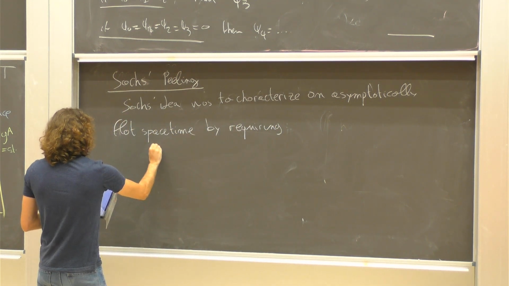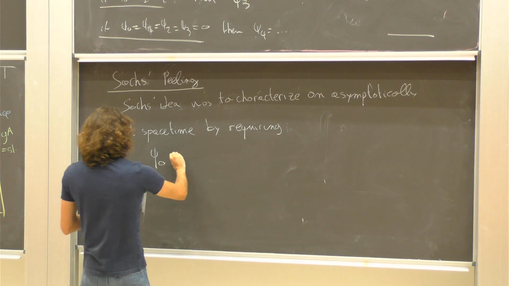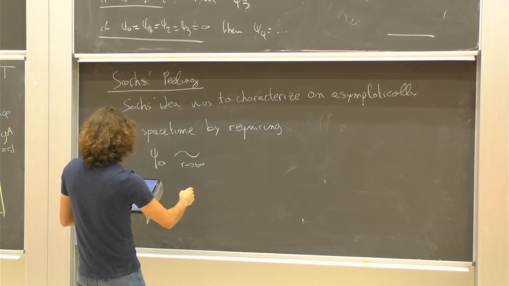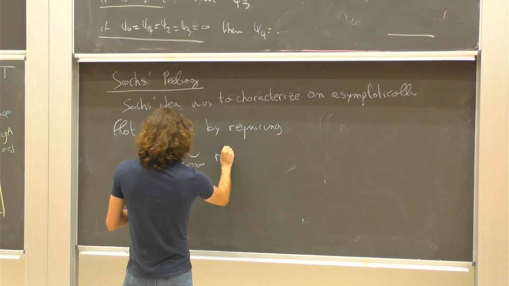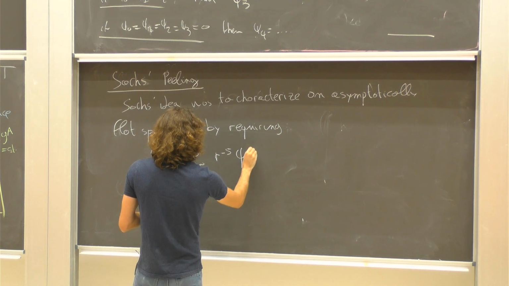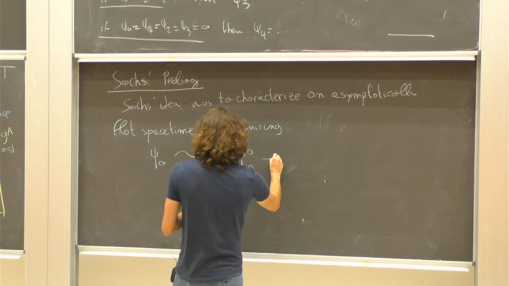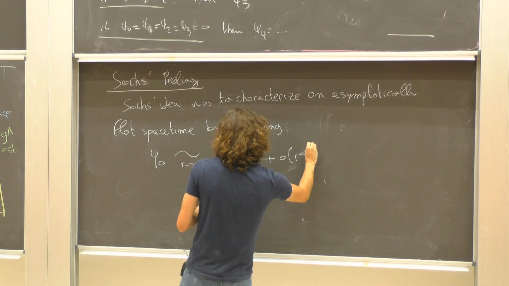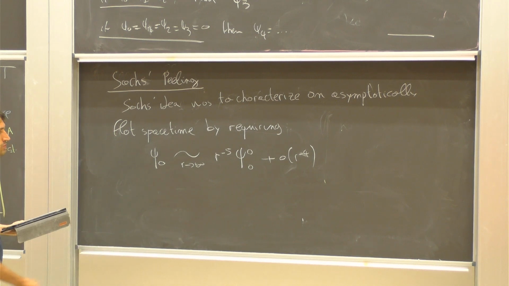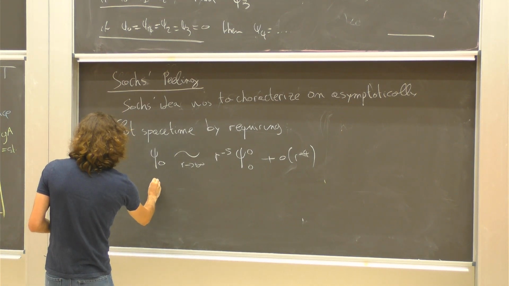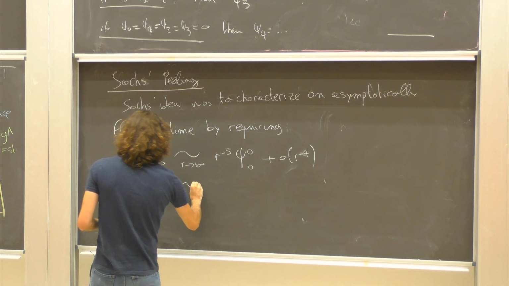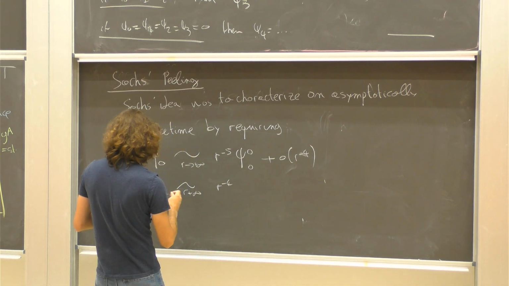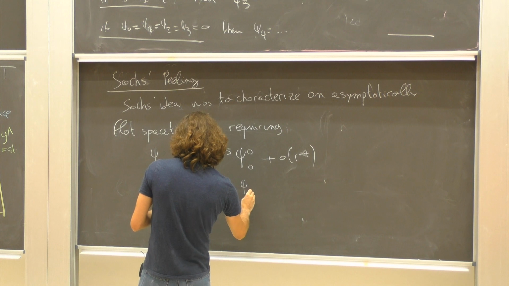So psi 0, again, is the invariant. So how does it behave as r goes to infinity? And it seems that it was a good idea to ask for the following behavior. It goes as r to the minus 5, sorry. Then this goes to 0. So if this goes to 0, you go for the next invariant, psi 1. And then you can ask that it goes to 0, but slightly slower.